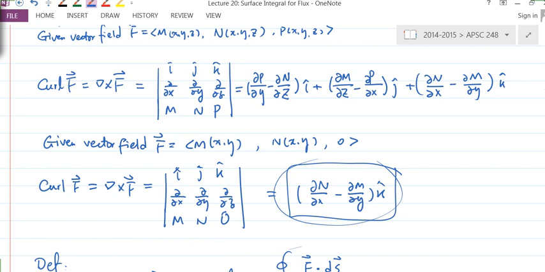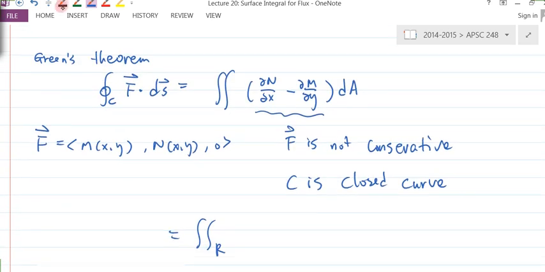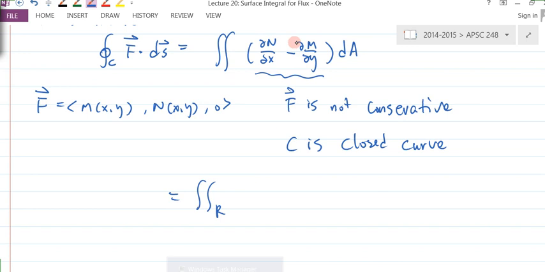So what we have here in Green's theorem, the integrand, this portion, is basically the magnitude of del cross F, isn't it? So I can rewrite this portion as del cross F dot k hat.